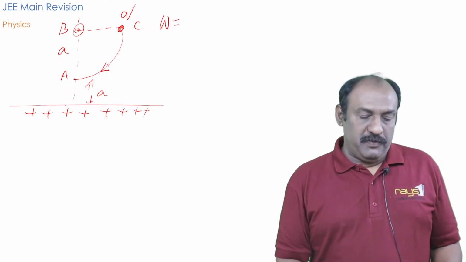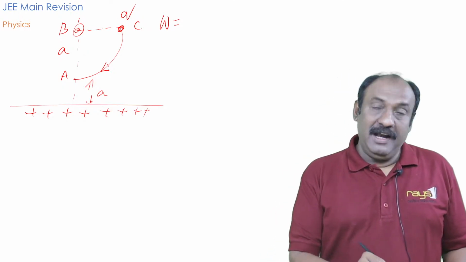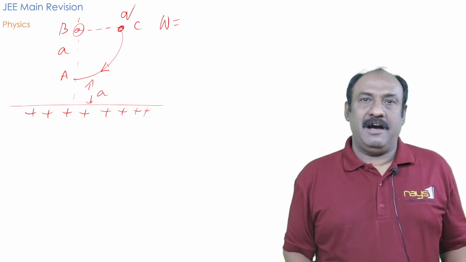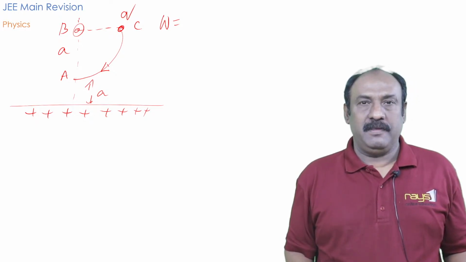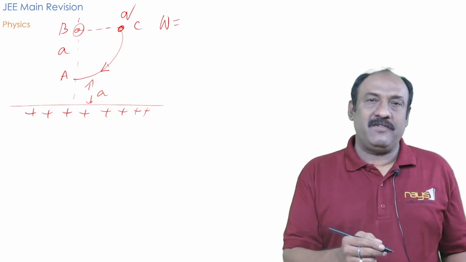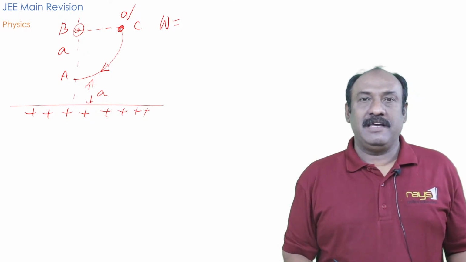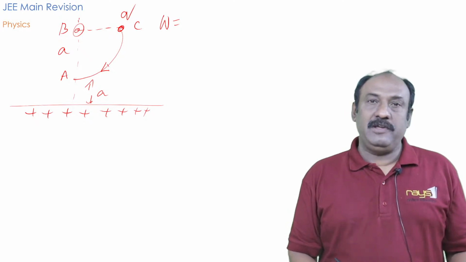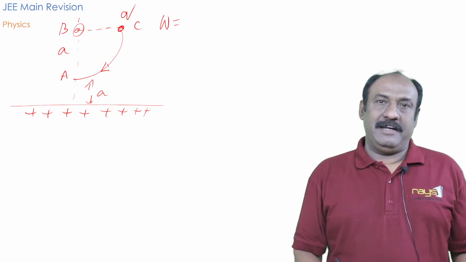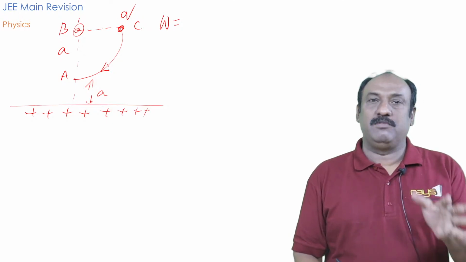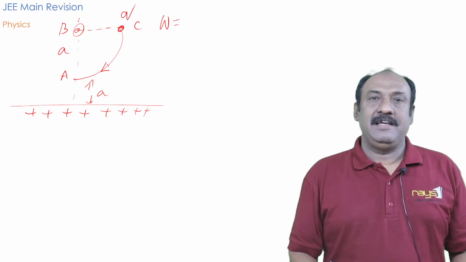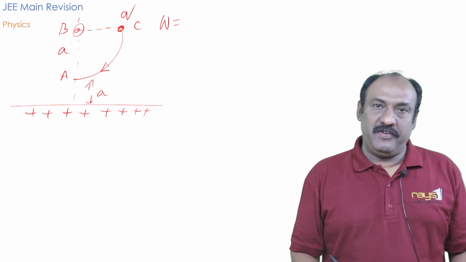As we move from B to A, the electric field intensity varies because E equals lambda by 2 pi epsilon naught r. As r decreases, the electric field intensity increases. So, a charge is moving from B to A indirectly. It is taken from C to A along a curved path, meaning indirectly the charge is moving from B to A in the conservative electric field.